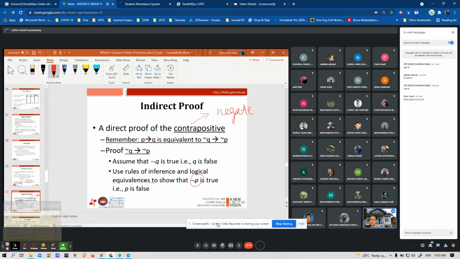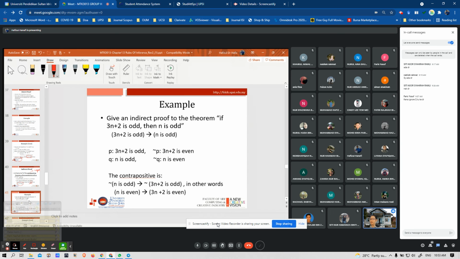For example, P is false because we negate the condition or the premises. Okay, for example, we have here 3n plus 2 is odd, n is odd. In other words, we can say n is even implies 3n plus 2 is even, because we negate the premises.